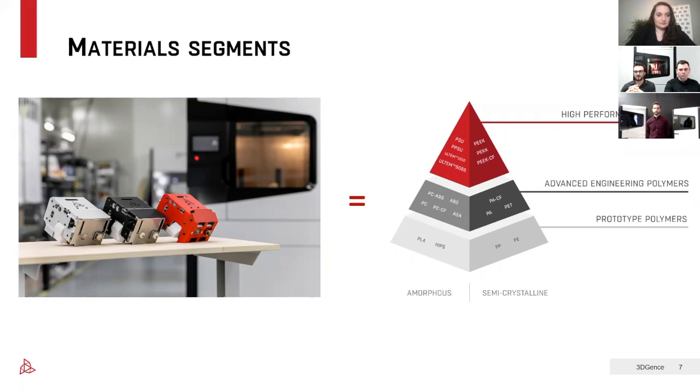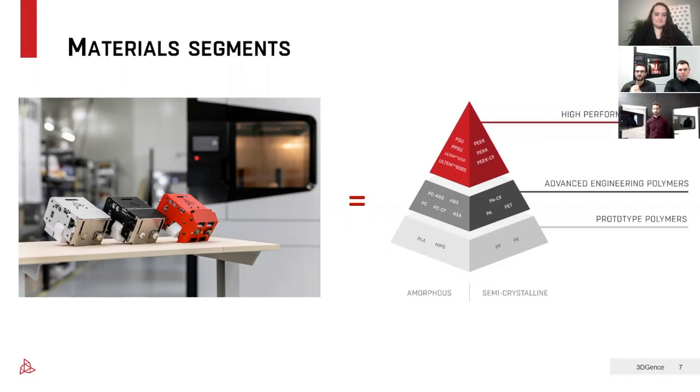You could go as far as saying that those are the paramounts of industrial application and use. And then on the bottom of the pyramid, you have what we here call prototype polymers, but you can also call them commodity plastics. These are great all-rounders, but very basic, cost-effective materials.